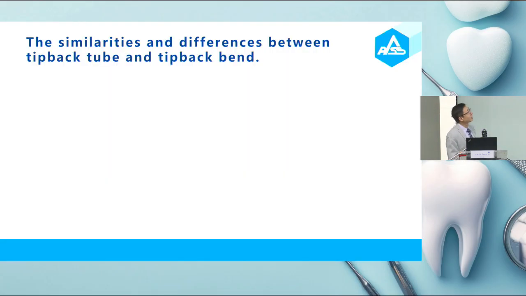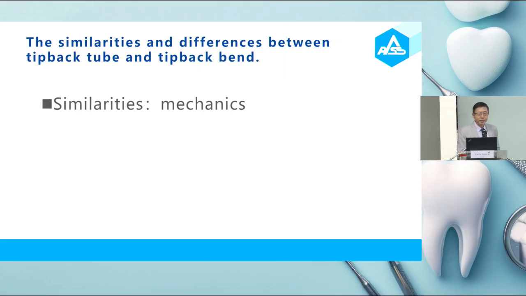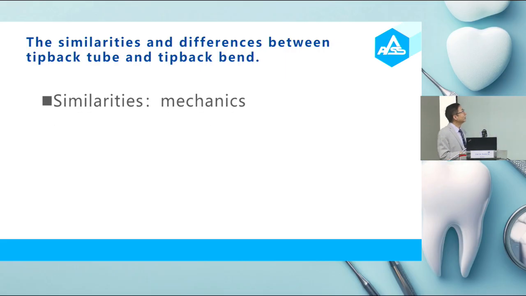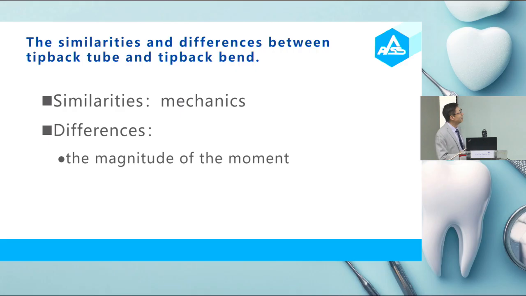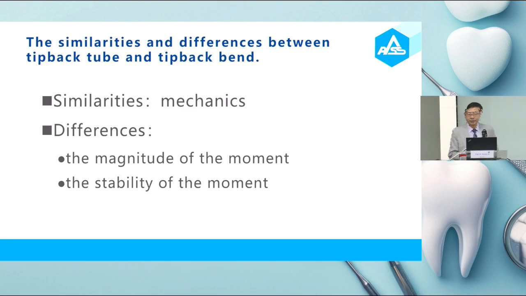You may ask, what's the difference between the T-PAC tube and the T-PAC band? Well, they are similar in mechanics. The differences are the magnitude of the moment and the stability of the moment.